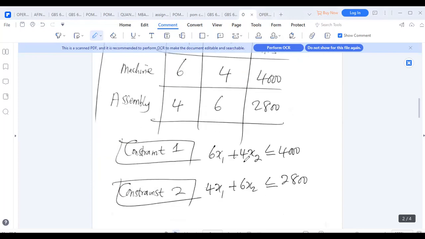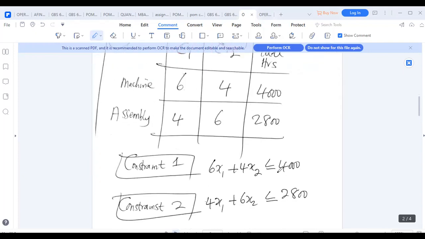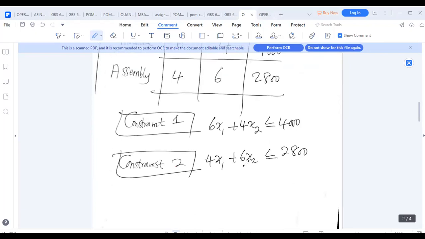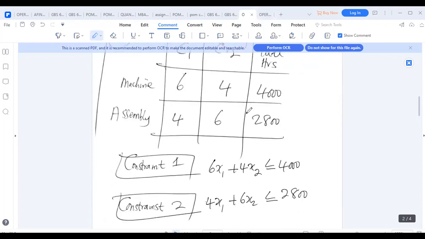These were given. So this constraint, 6x1 plus 4x2, should be less or equal to 4,000. Then 4x1 plus 6x2 should be less or equal to 2,800. Okay, I'm sure people are with me.